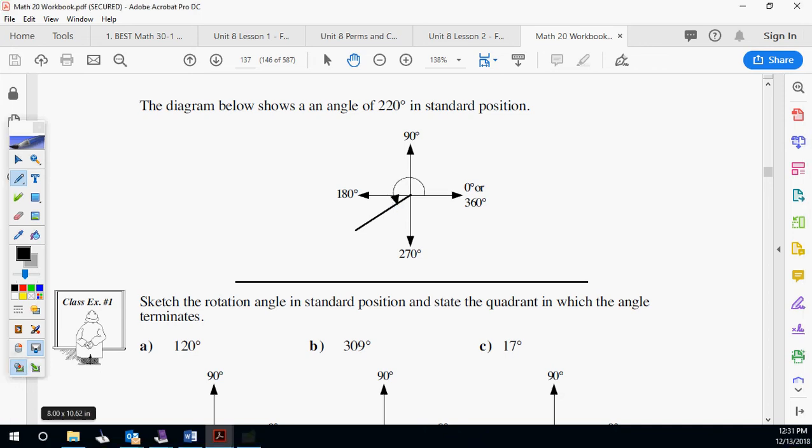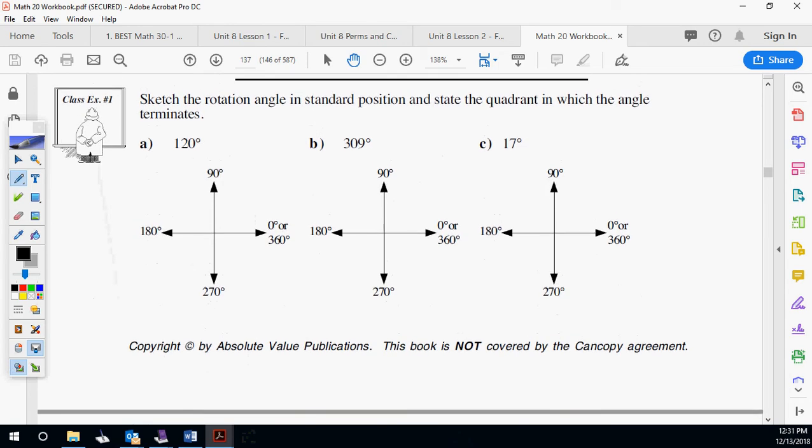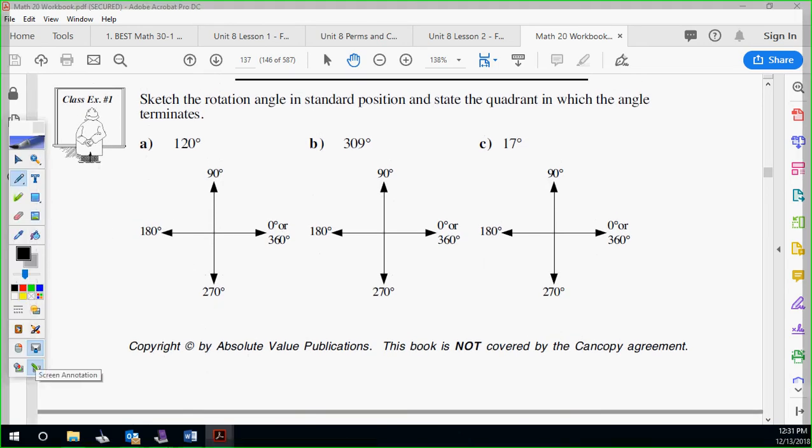Sketch these rotation angles, and state the quadrant they terminate in. I'll give you a quick refresh on quadrants. They go like this: 1, 2, 3, 4. So where are your angles at? That's what they're saying. Which quadrant? So you're going to sketch where you think it's going to be. Approximately your sketch, but exactly the quadrant. Quadrant can't be approximate.